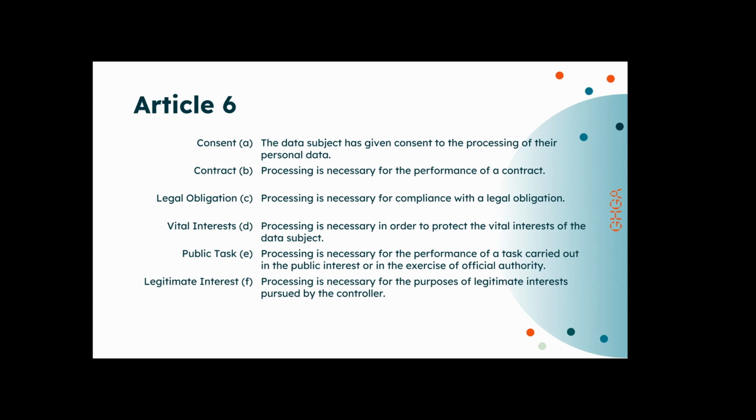Typically this would be something like maybe if there was a court case and we had to provide information. It could also be, for example, that your employer is obliged to process personal data about you in order to deal with the tax on your earnings. And so there's a legal obligation on them to actually do that processing.